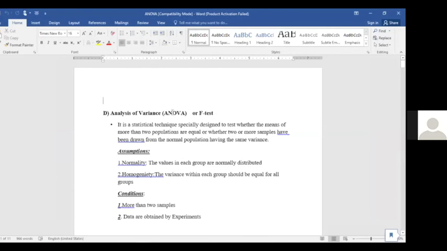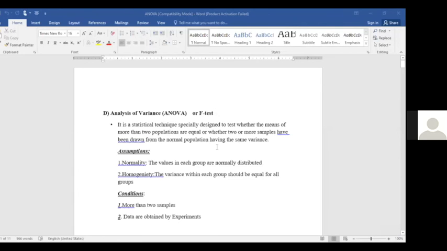Analysis of ANOVA? Yes, sir. See, my dear friends, when the number of samples is more than 2, you want to test whether the stress of the employees at the lower level, middle level and upper level is the same or not.